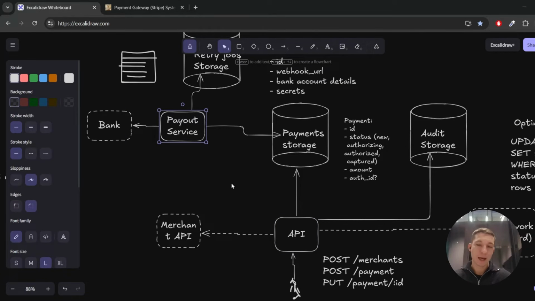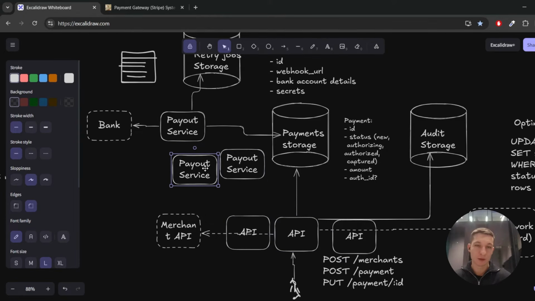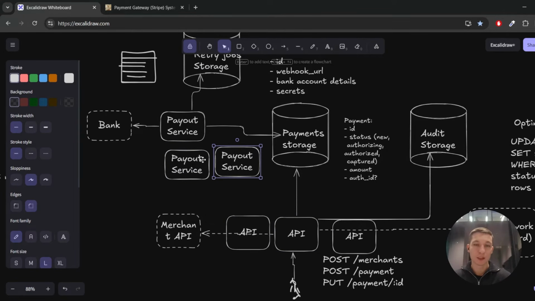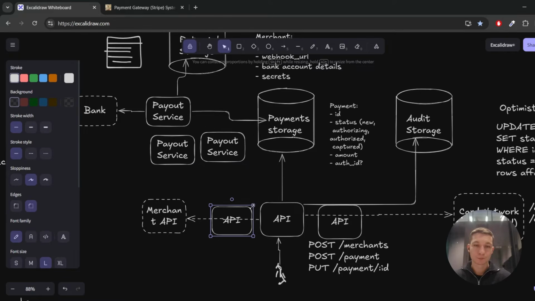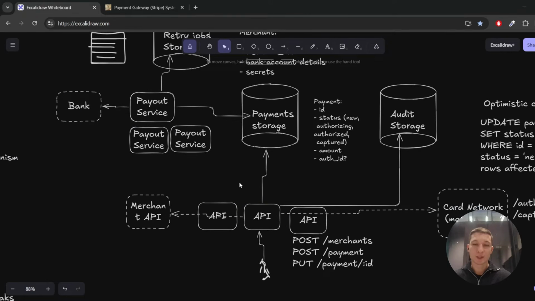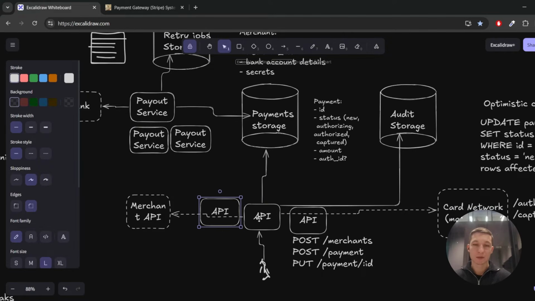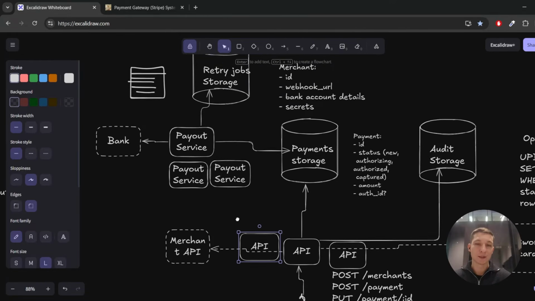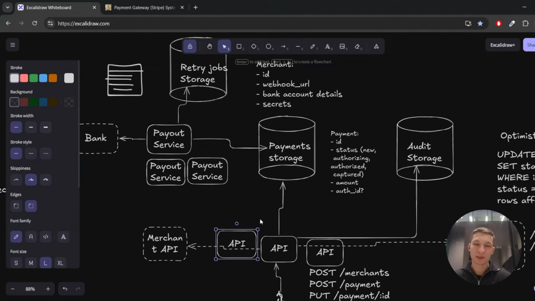Both of them are actually stateless, so we can just spawn a bunch of their instances, put a load balancer for the API, and for the payout service, we can just spawn more instances, and that will be it. We are actually done. All will be good. Again, this is because they are stateless, and we don't actually need to care about any data. So we can lose them arbitrarily and add new instances arbitrarily as well.